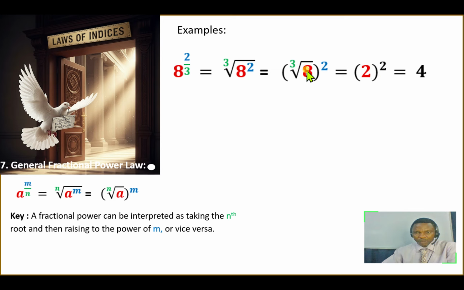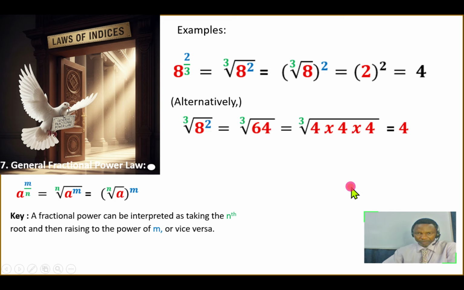So the cube root of 8 is 2. What will you multiply by itself 3 times to get 8? 8 is 2 times 2 times 2. So the cube root of 8 is 2. Then all raised to the power 2. So that will give you 4. Or we can go the other way.